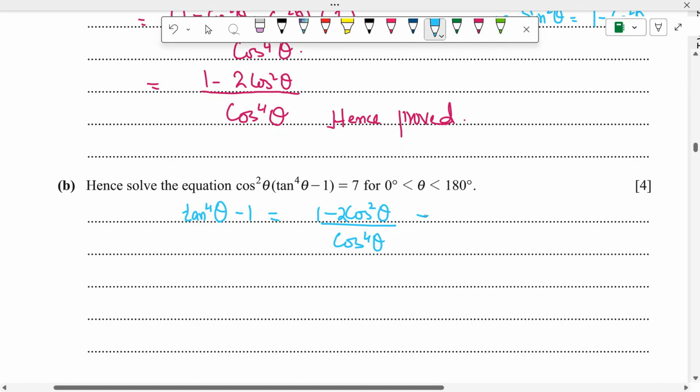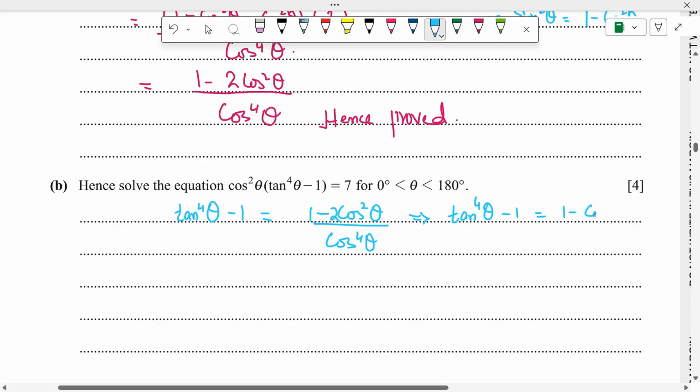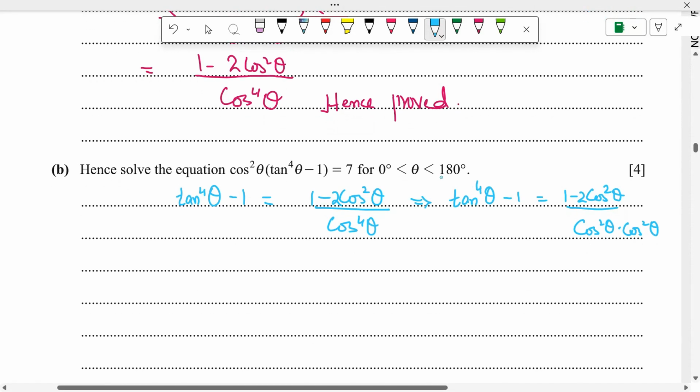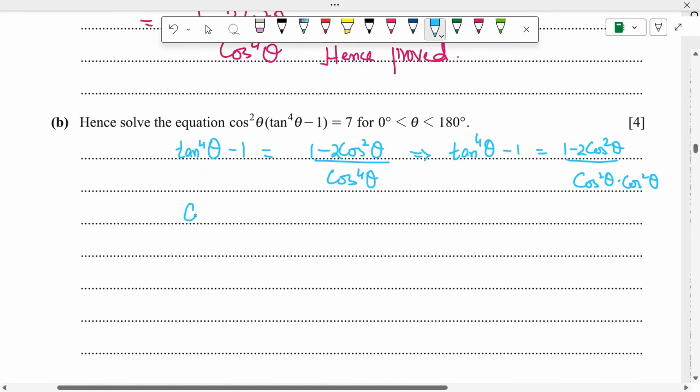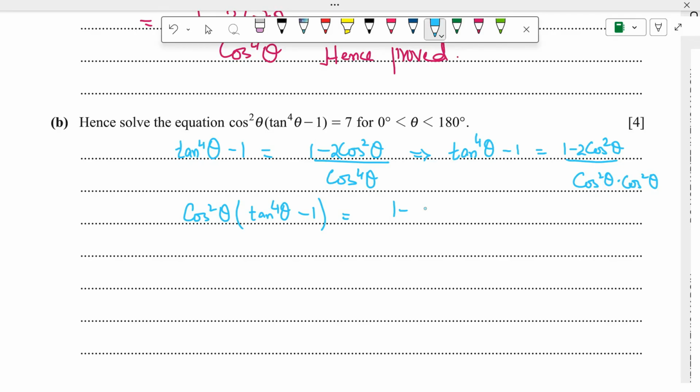So this can be written as (1 minus 2 cos squared theta) over cos squared theta times cos squared theta. We move cos squared theta to the left side, so we will have cos squared theta times (tangent to the power of 4 theta minus 1) is equal to (1 minus 2 cos squared theta) over cos squared theta.